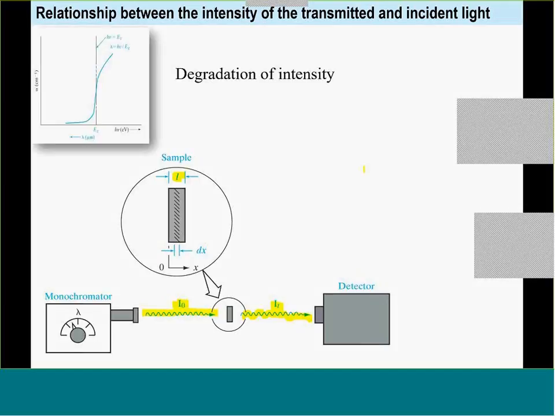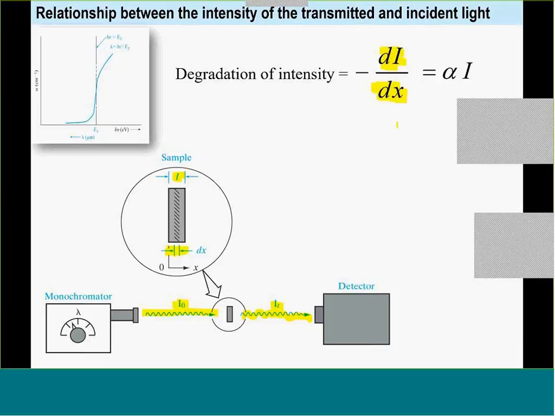Okay, we start off with the degradation of intensity because we know that part of it has been absorbed by our sample. The degradation of intensity is the differentiation of the intensity over x, the degradation of the intensity as a function of x.